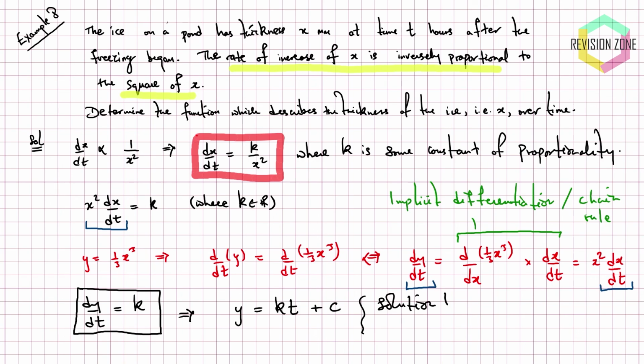The only catch is we don't want it in terms of y, we want it in terms of x, but we know what y is in terms of x, so I can go back and fill that in. So I can just say a third x cubed is equal to kt plus c, and we've worked out our solution to the entire problem. This is the function.